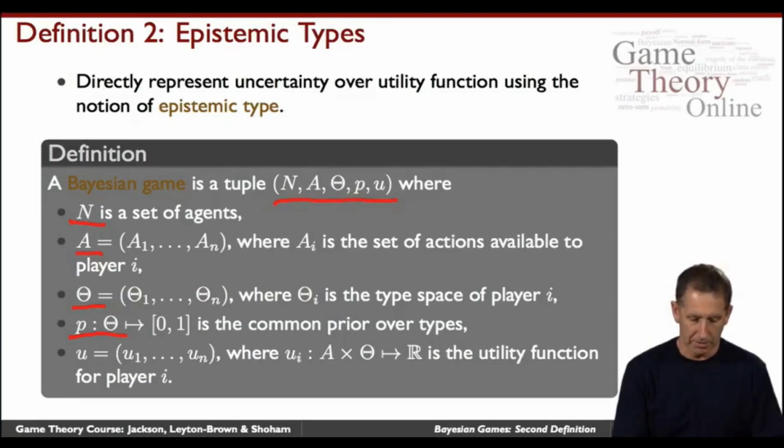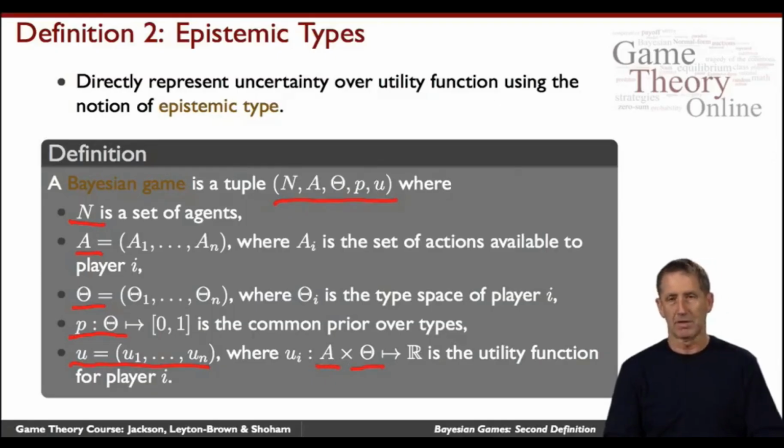And we have the utility function, which now depends not only on the actions taken by the agents, but on their type. That's the formal definition. Again, it's mathematically, in some sense, very simple, but the intuition is complicated because the notion of a type packs into it a lot of things. So let's see it in action.